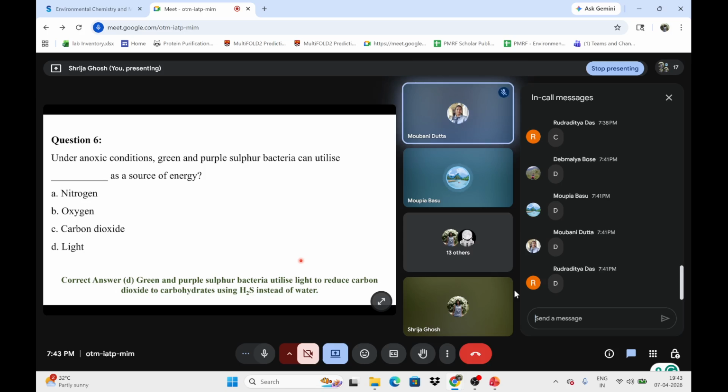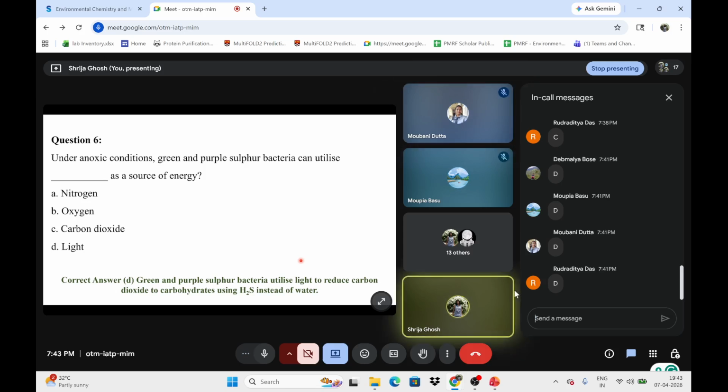Photo. Photoautotrophs, yes. Because it is using light as the energy source, the prefix photo will be there. If it is using chemical energy, then it would be chemo. And autotroph, if it is using carbon dioxide as the carbon source. Heterotroph, if it is using organic carbon as the carbon source.